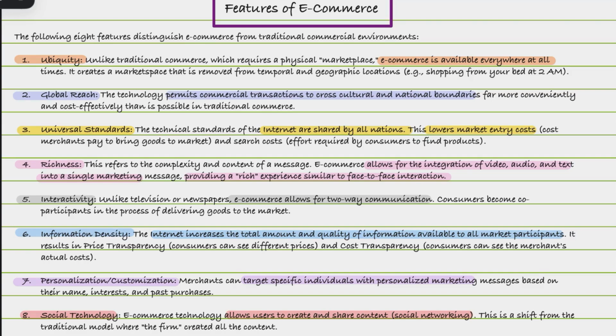While a physical salesperson would customize their message, but only one person at a time. All right. So e-commerce blends the audio, the video and interactive elements into a single rich experience, and that rich experience is delivered to millions of people simultaneously.